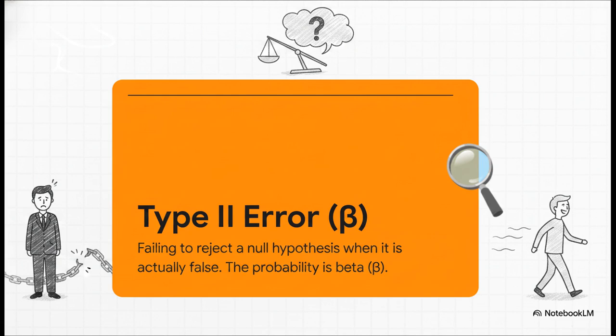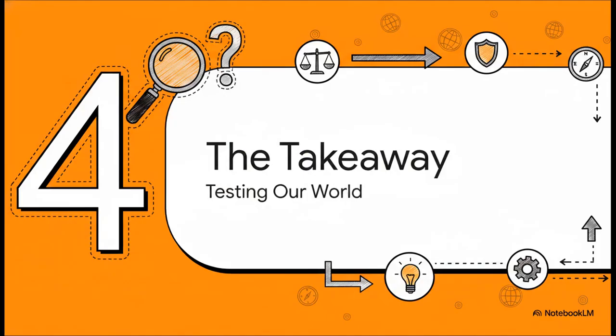Here, we failed to reject a null hypothesis that was actually false. This is like letting a guilty person walk free. The evidence just wasn't strong enough, so we completely missed a real effect or a real difference that was there the whole time. So you see, this whole framework, from setting up these opposing ideas, to gathering evidence, to understanding the risk of being wrong, is an unbelievably powerful tool.